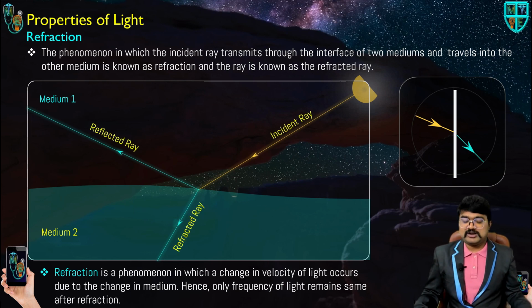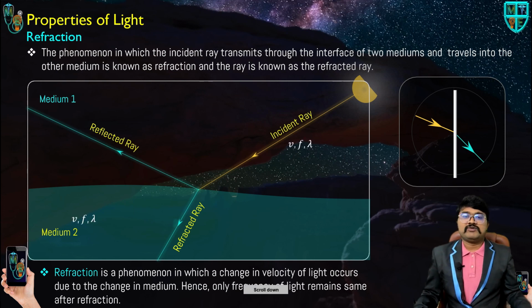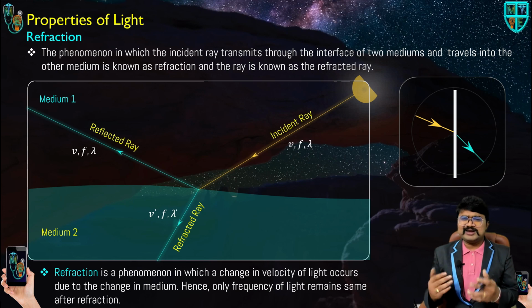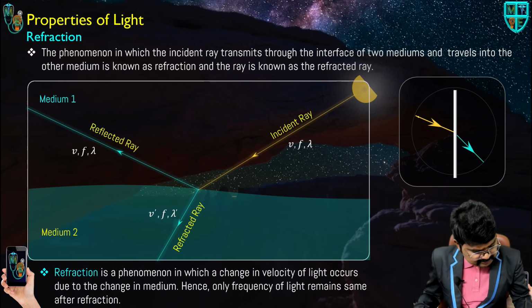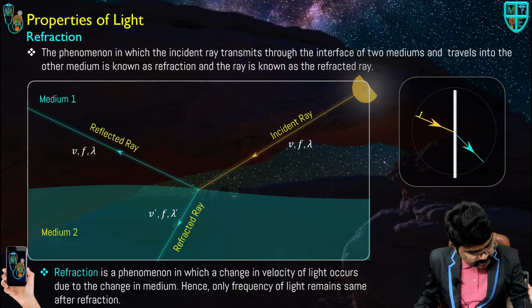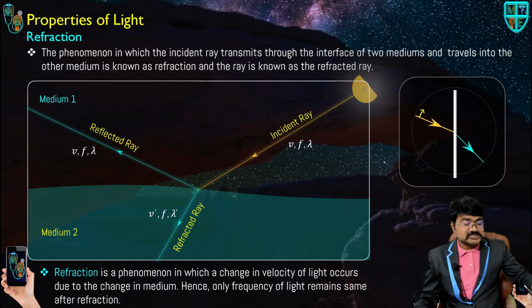Here we have the incident ray, reflected ray and refracted ray, with wavelength, frequency and velocity. We already discussed this part. This is medium 1 and the light transmits into the other medium.